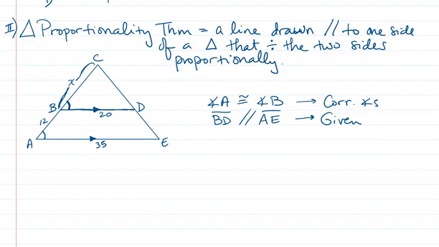So we could do a comparison, and we want to compare small triangle over big triangle, all right? And so what is it that we're trying to compare? We're looking for some kind of proportionality, so we need to set up a proportion, okay?